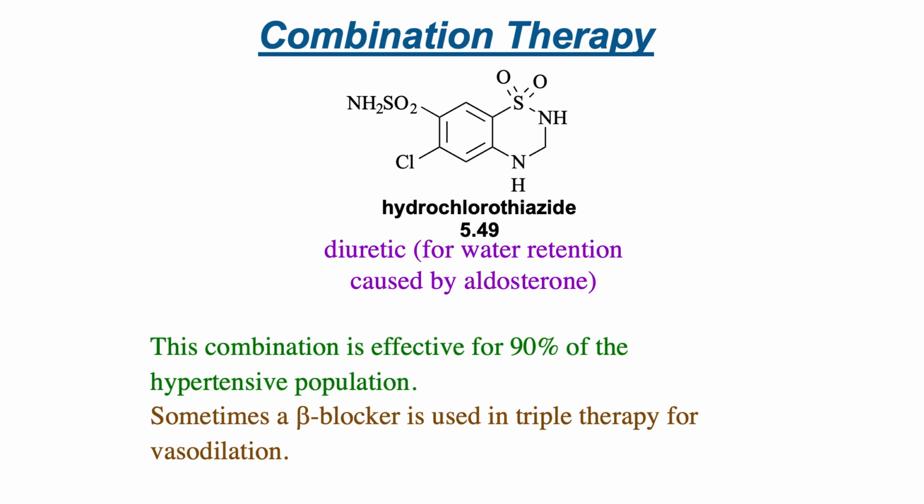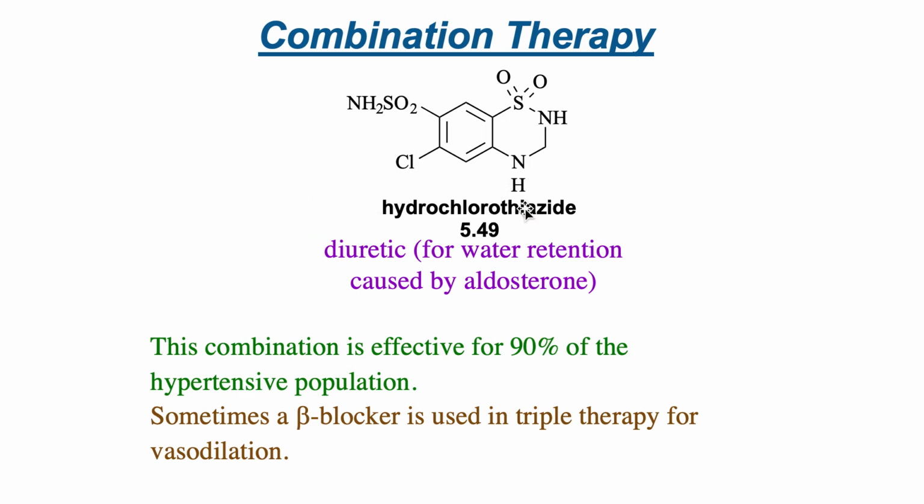Now, building on ACE inhibitors, we're going to talk about combination therapies. What they do now is work with the water retention caused by aldosterone, and also inhibit that bradykinin breakdown.